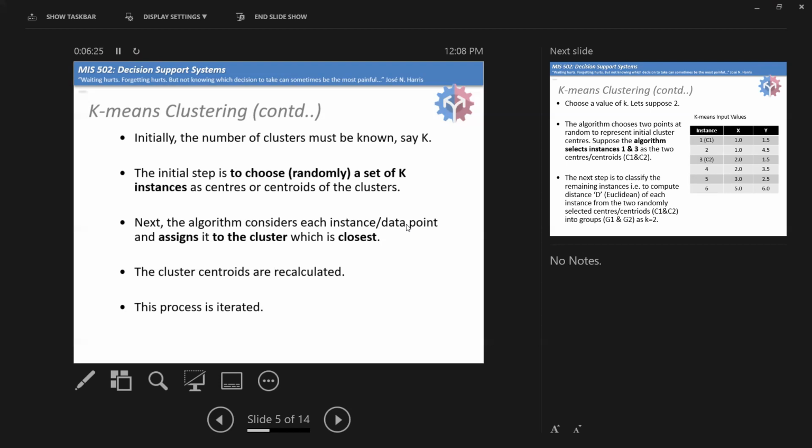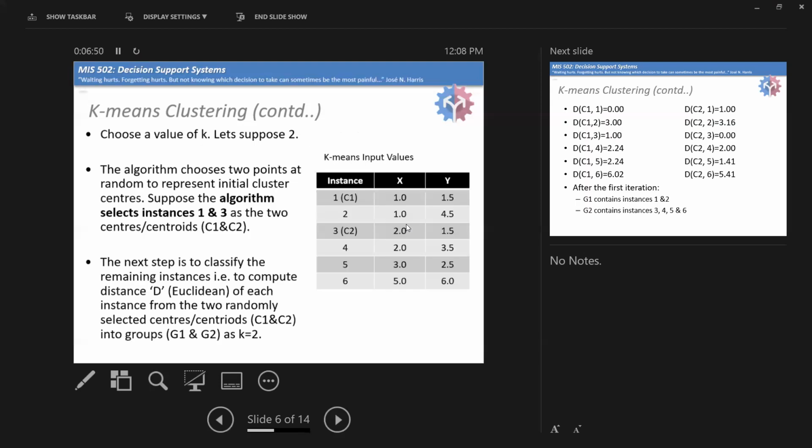Maybe if you're finishing in 5 iterations, but you pick points very far away from the natural center, instead of 5 iterations, you'll be needing 8 or 10 iterations, whatever, right? So it takes a little more or less time, but the end result is the same. So next, the algorithm considers each instance data point, and I think the rest we have already explained.